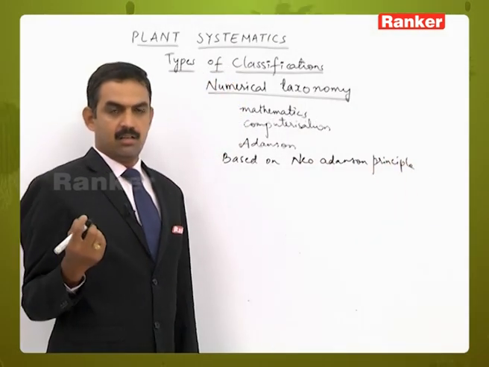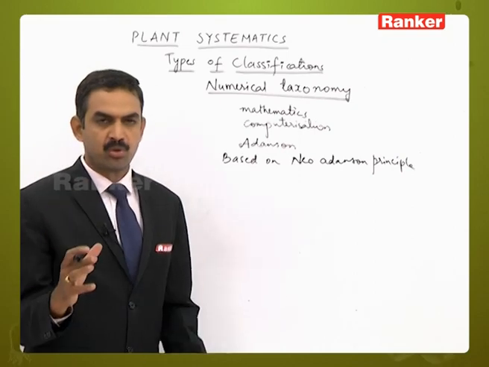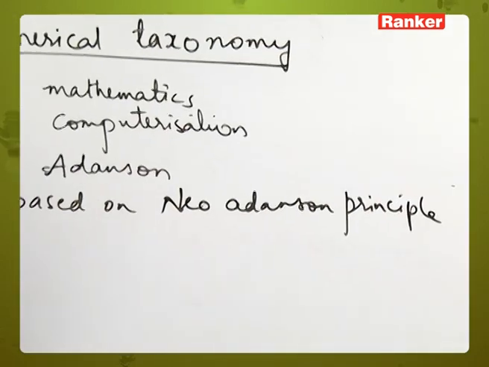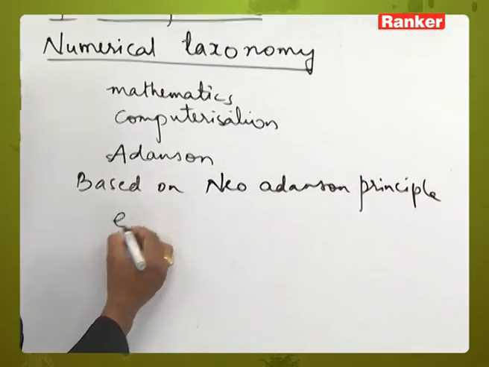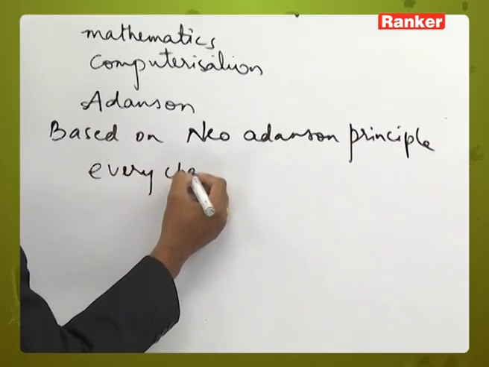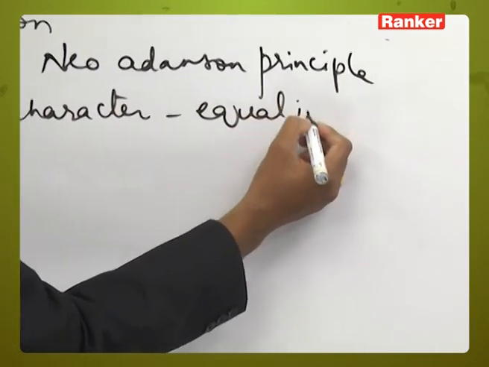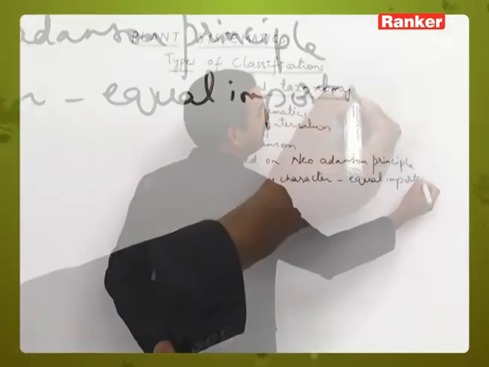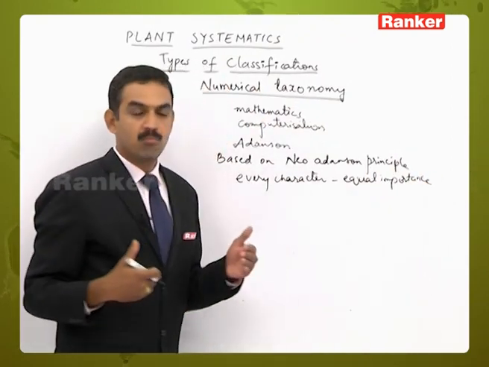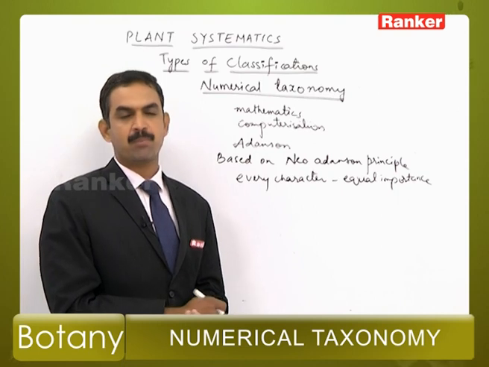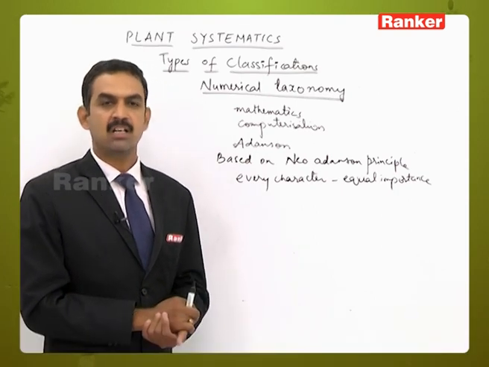Here both the primitive characters and advanced characters are considered, and every character is given equal importance. When this is done, hundreds of characters are evaluated by using mathematical tabulations and computer aspects.